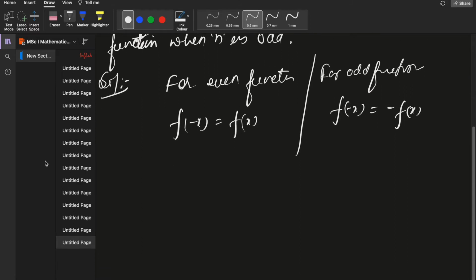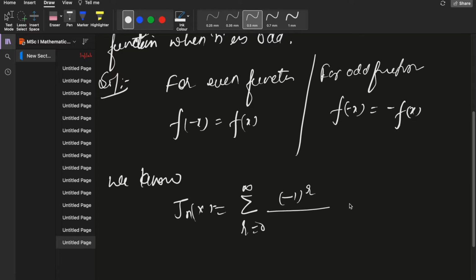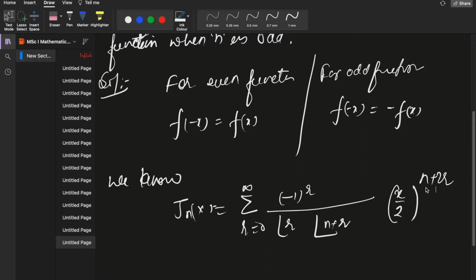Now we know the Bessel function Jn(x) is simply the summation r from 0 to infinity of (-1)^r upon factorial r, factorial n plus r, times (x/2) to the power n plus 2r. This we had already derived in our previous lectures.